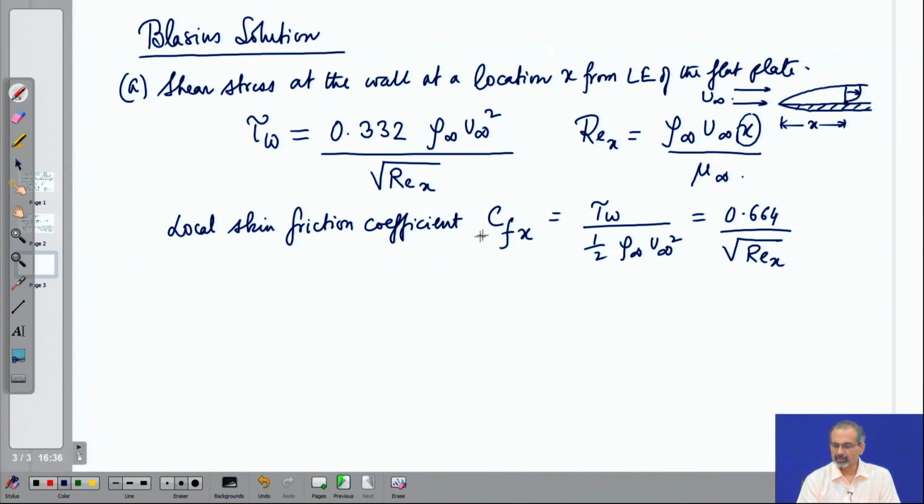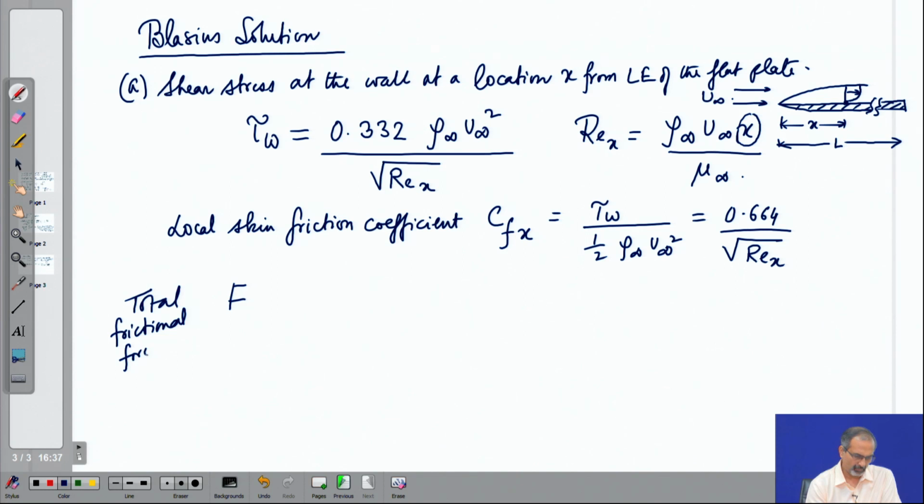Now, as you can understand, the local skin friction coefficient is a function of x, and if you were to find an average value of local skin friction over the entire plate, let us say the total plate length is L, if you cover up to the length of the plate, then what is the total frictional force per unit span or depth, that means out of the plane of the paper?